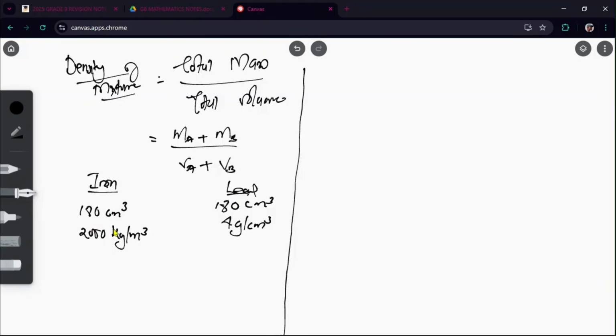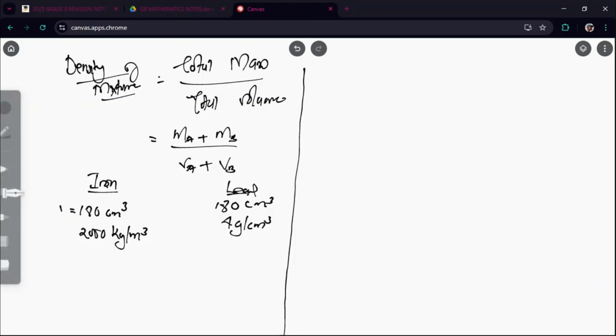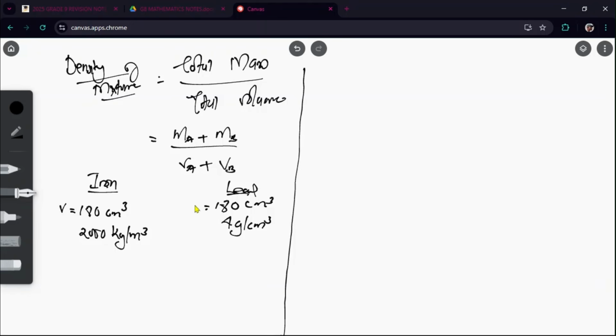Then we get the volume of iron. We add the volume of lead metal. Then we divide. Now, if you look at this one, 180 centimeters cubed, this is our volume, and also this one is our volume. So in other words, we are set in getting total volume, because total volume, I'll just get the volume of the iron, I add to the volume of lead metal.